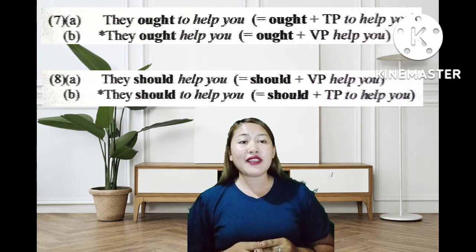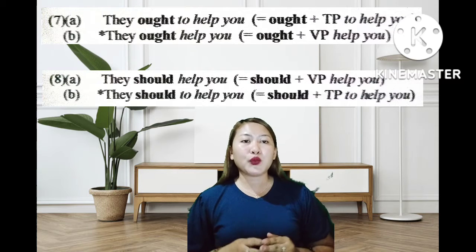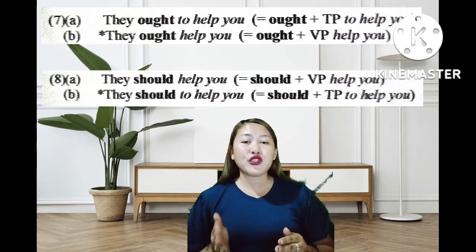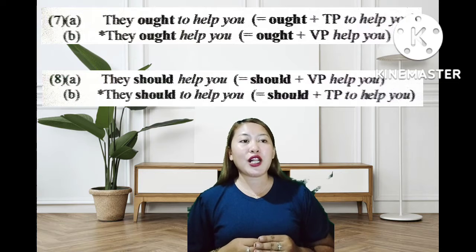Implicit in this claim is the assumption that different words like ought and should have different selectional properties which determine the range of complements they permit.